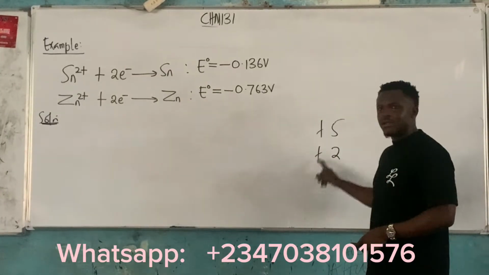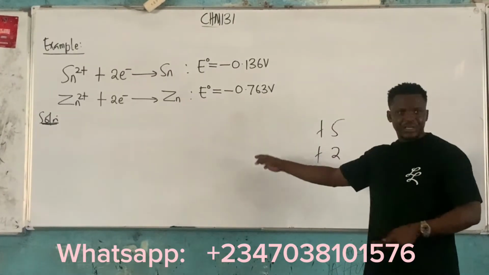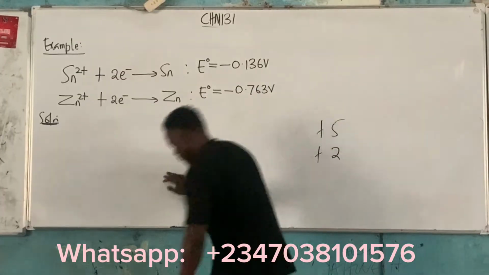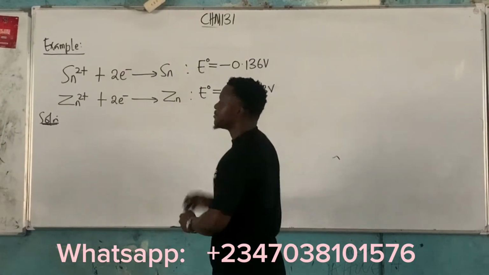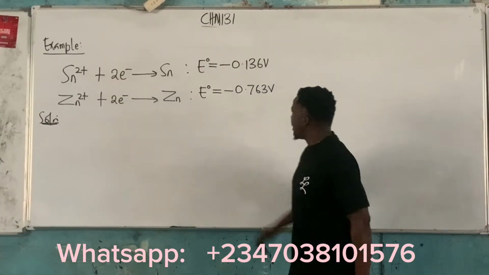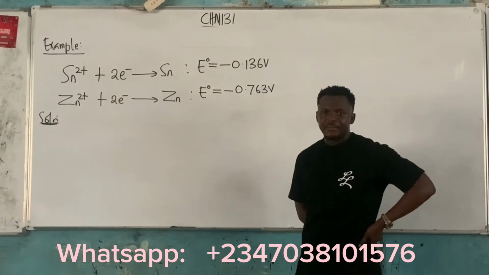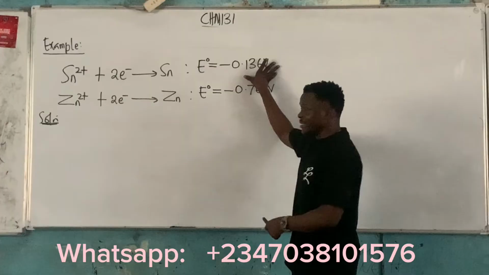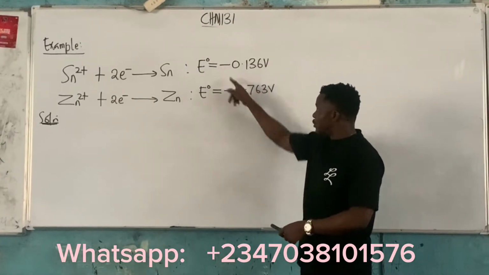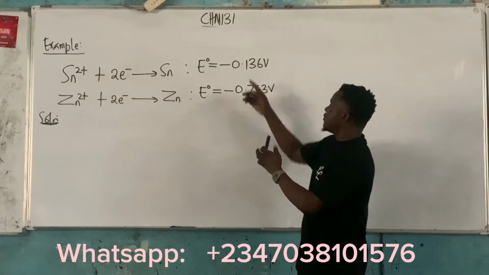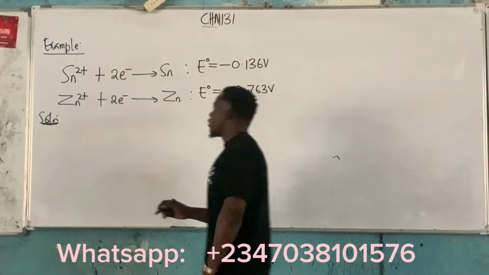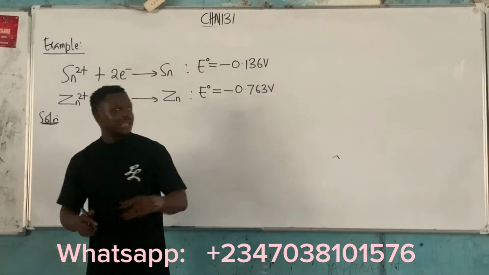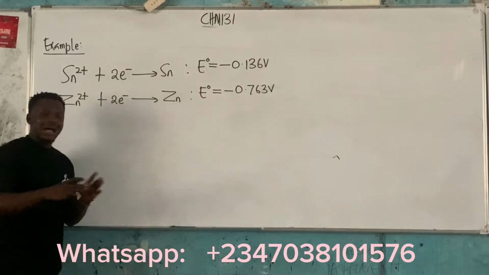Plus, plus, the bigger one remains the biggest. You understand? So between these two, which of them is the biggest? The first one. Please, this is the biggest, because both of them are negative. So in negative, the smaller value is always the biggest. Remember, the larger value will remain as the cathode.